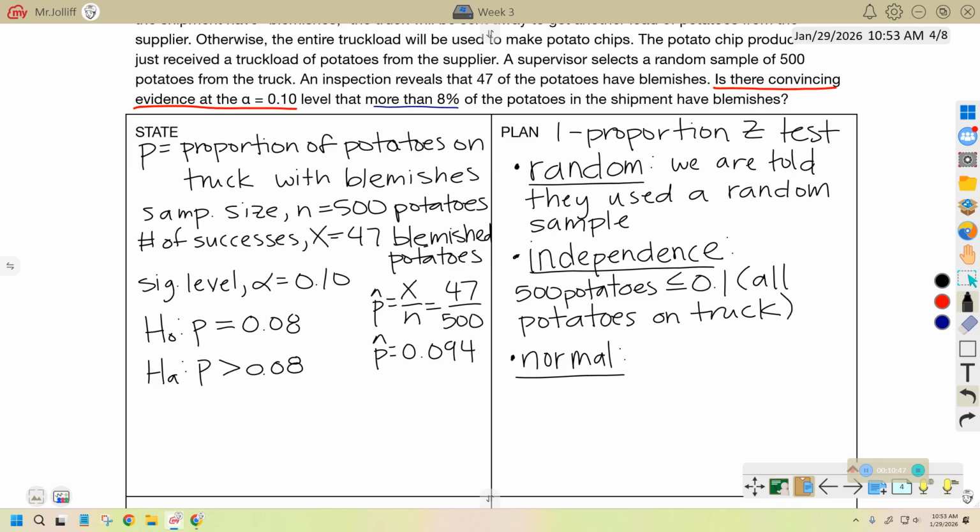We're looking at number of successes and number of failures, making sure they're both bigger than or equal to 10. Number of successes we wrote down was 47 in the plan stage. We know that, in the state stage, that is definitely bigger than or equal to 10.